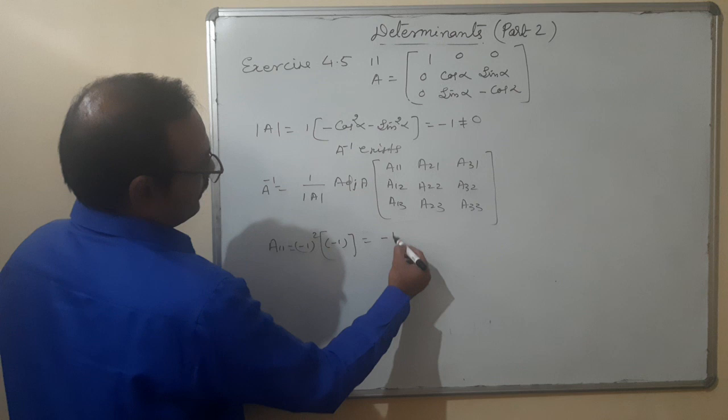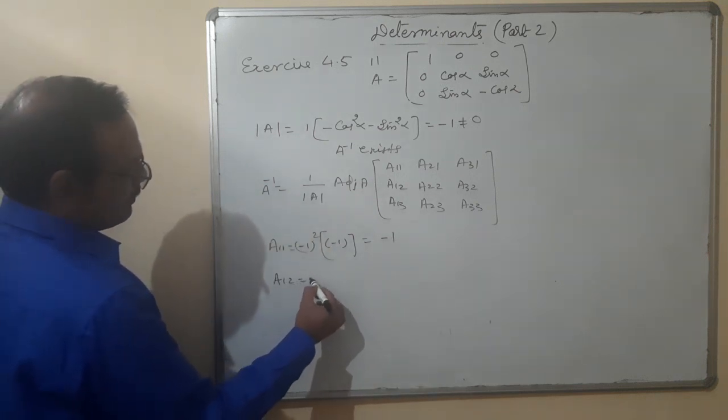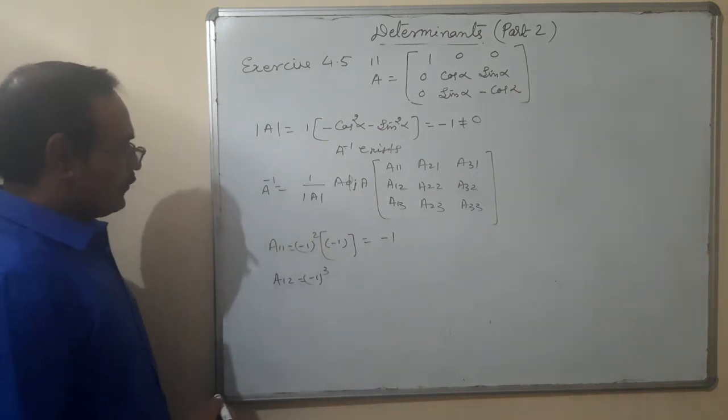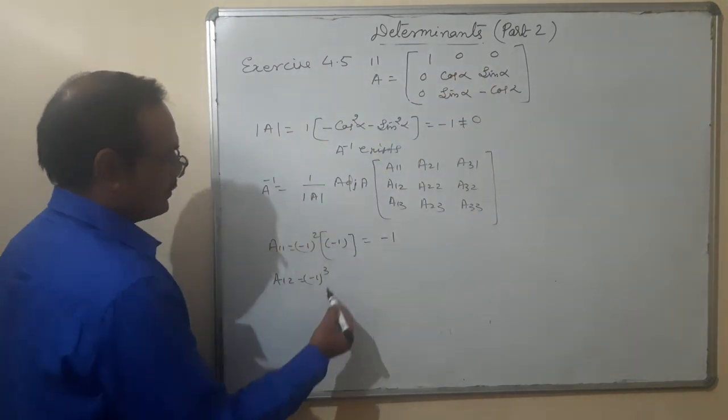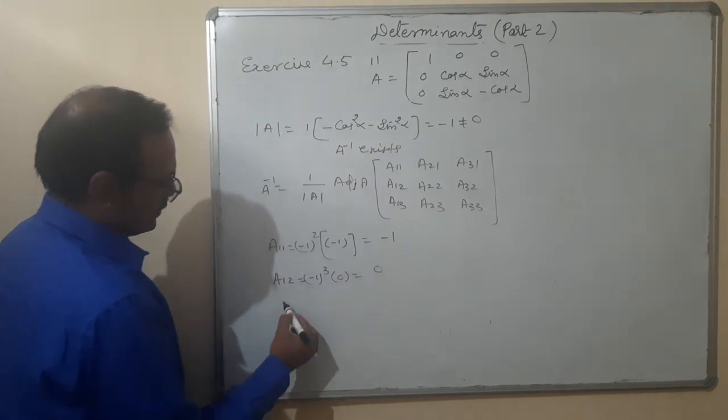A12: minus 1 to the power 3, 0 minus 0, the result is 0.